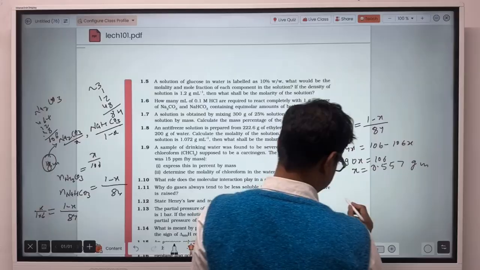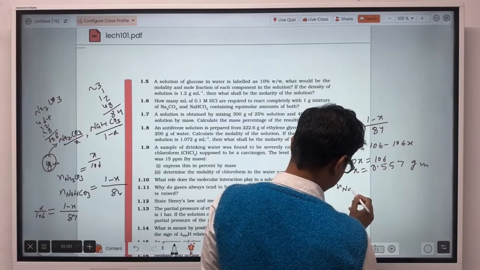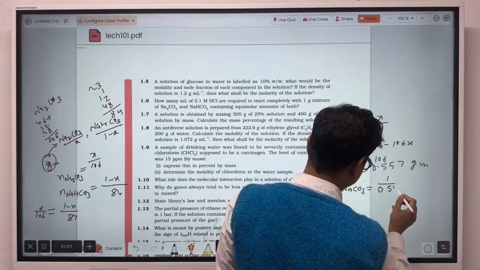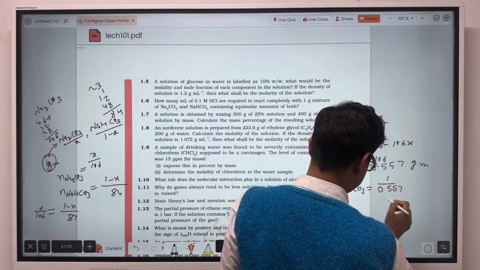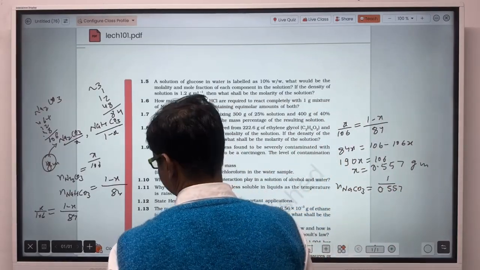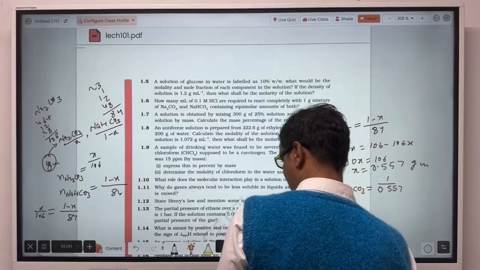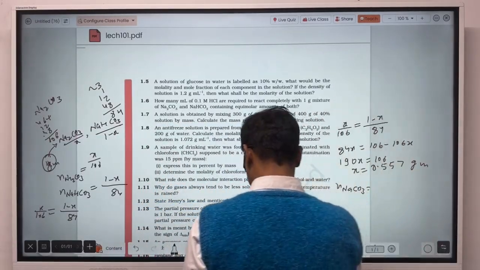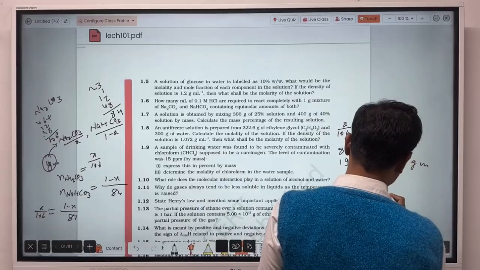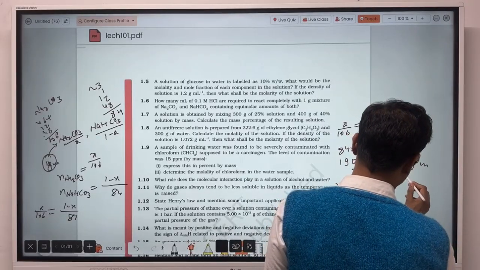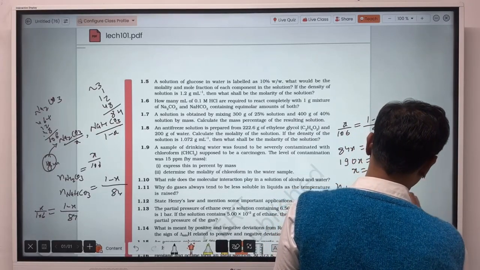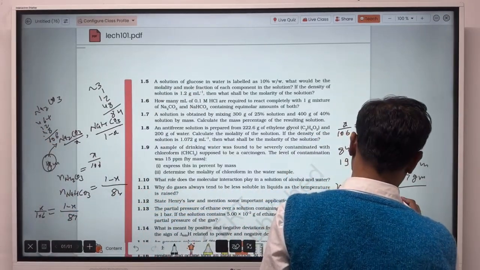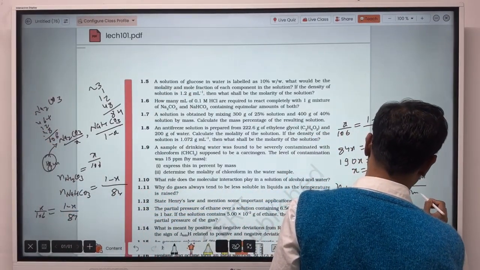So the number of moles of Na2CO3 will be 0.557 grams upon the molecular weight, 106 gram per mole.